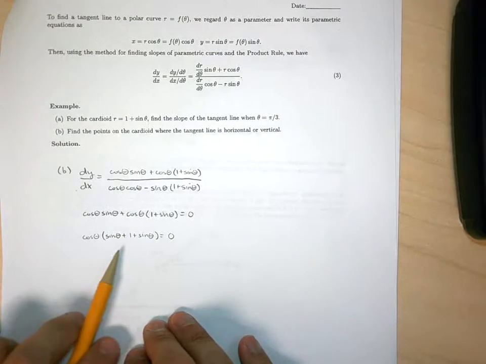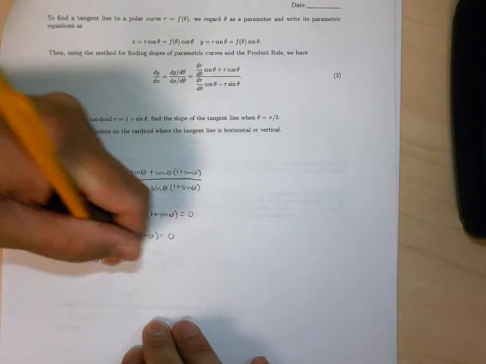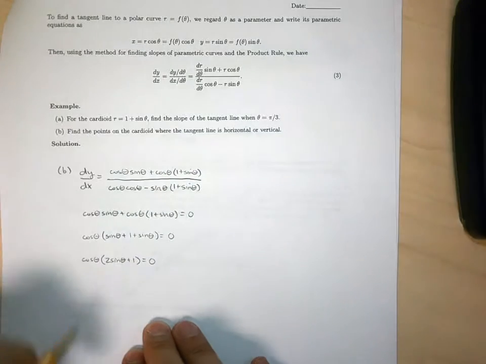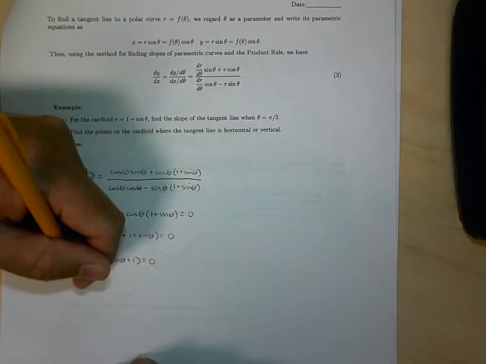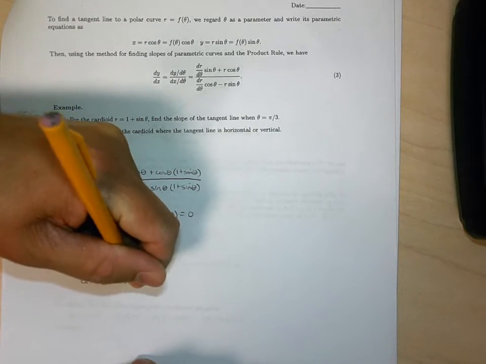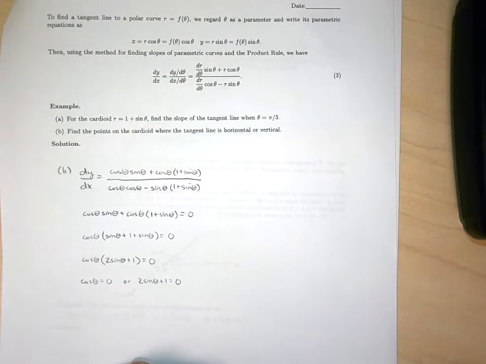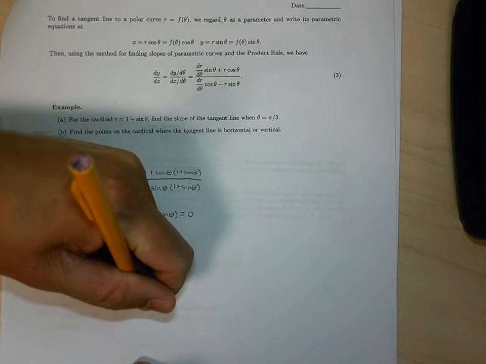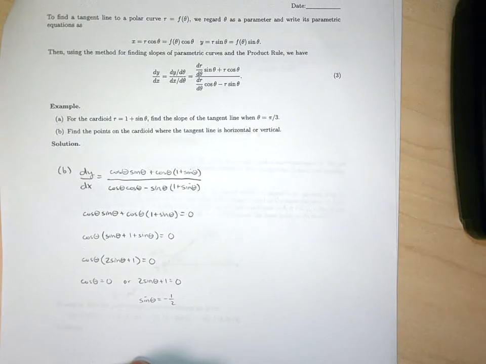Now I can simplify the inside of the parentheses, giving me cosine theta times 2 sine theta plus 1 equals 0. So either cosine of theta is 0 or 2 sine of theta plus 1 equals 0. In other words, sine of theta is negative 1/2.